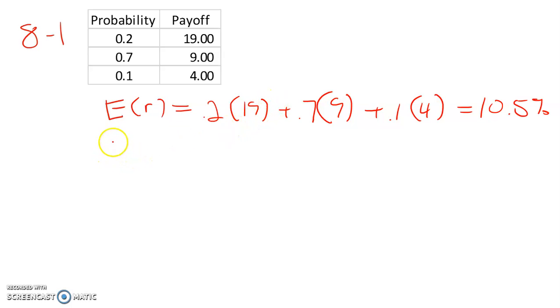Okay, I'm going to do the variance first, and then we'll take this. Sigma squared is notation for variance. So we take the probability in the first state, or the first outcome, 0.2, multiply that by 19 minus the mean, or the expected return, 10.5.